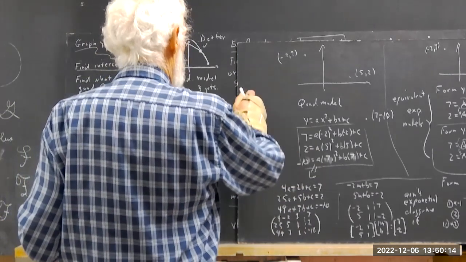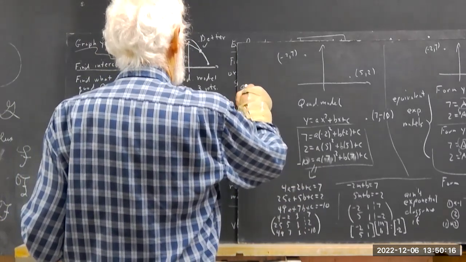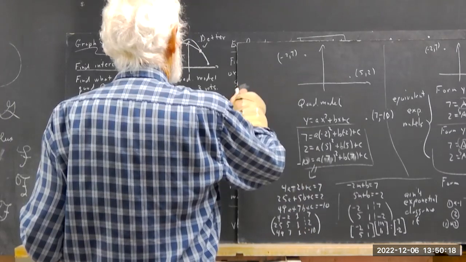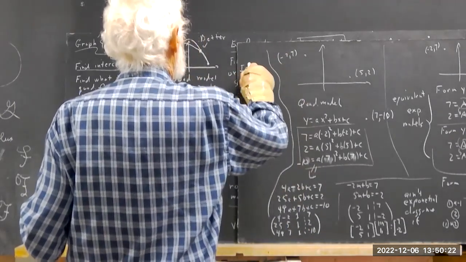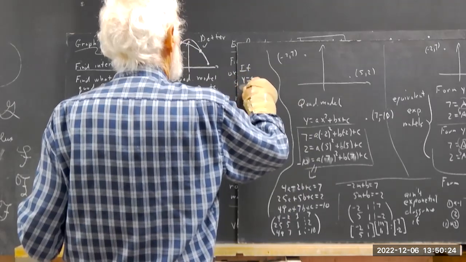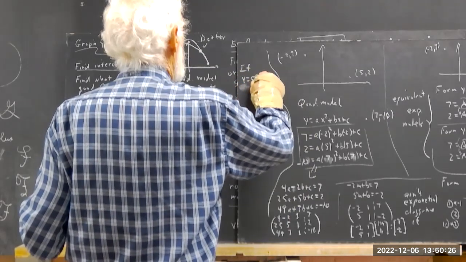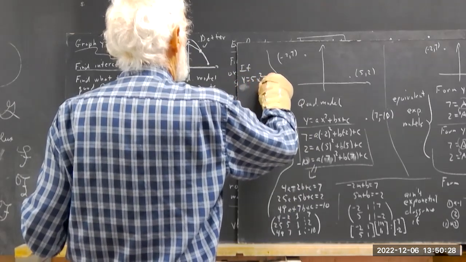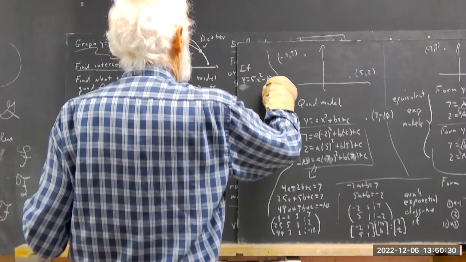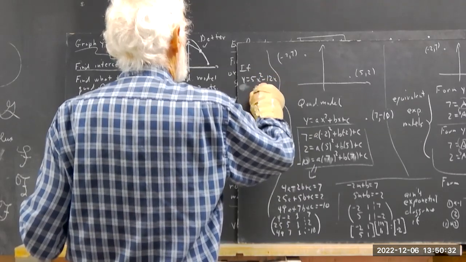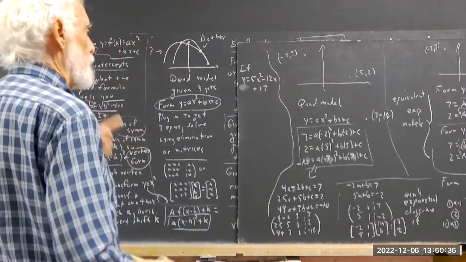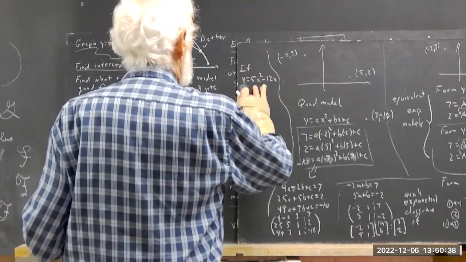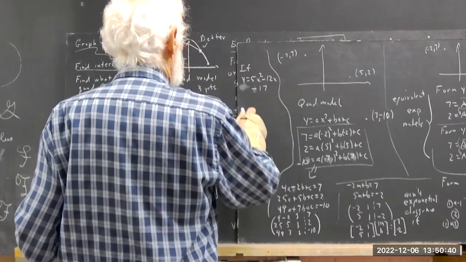Well, now let's just say that we get the model, or attempt to estimate this. Let's say we got y equals 5x squared minus 12x minus 17. So there are zeros.